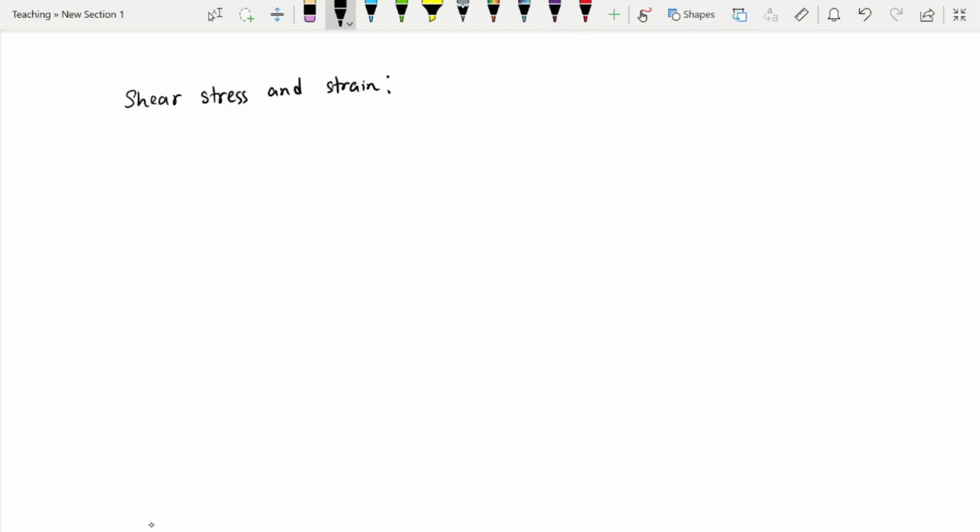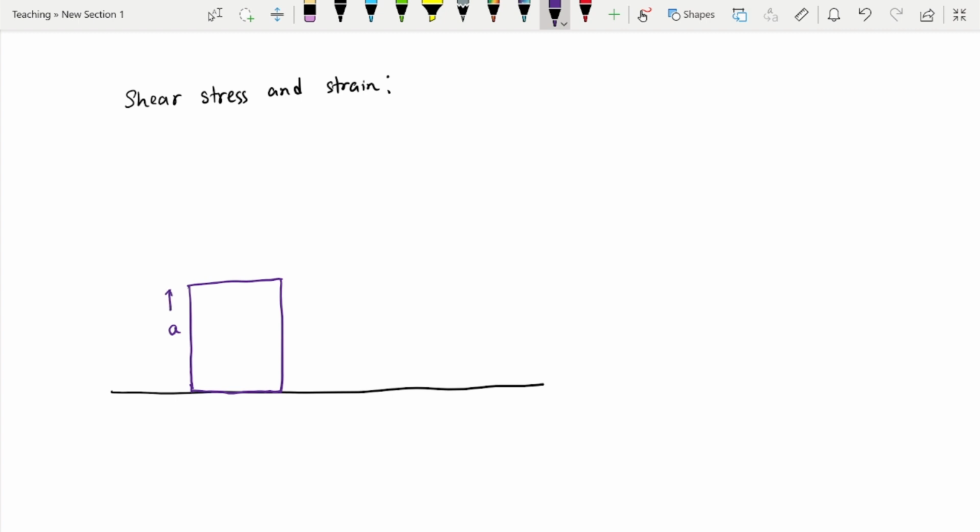So now let's talk about shear stress and shear strain. For this, let us consider a surface, and on this surface we take a cube made up of rubber. The cube has an edge of a unit.